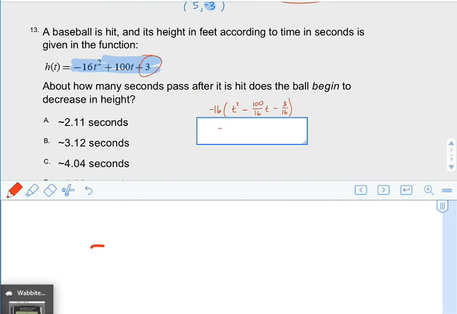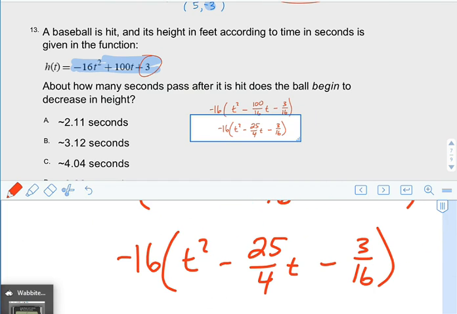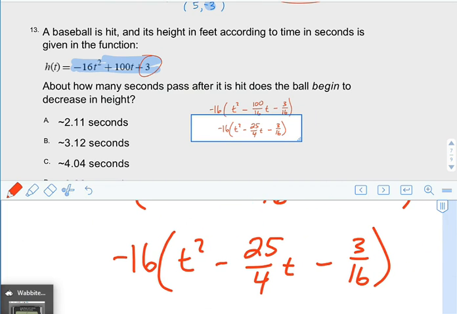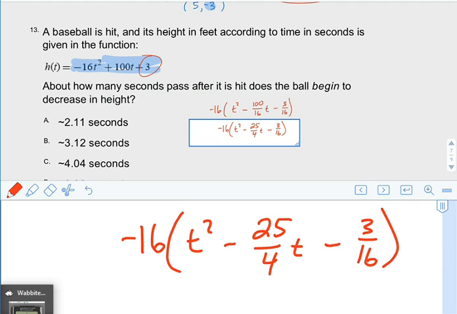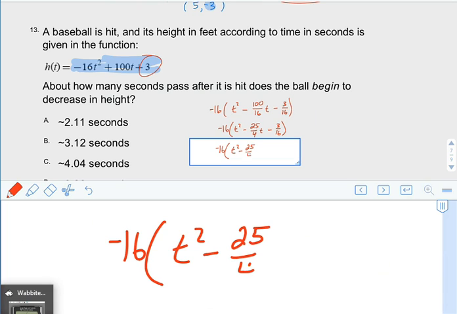Okay, so you have negative 16 times t squared minus 25/4 t minus 3/16. All right. So what's half of 25/4? Well, you multiply it by a half. It's easy. Here it is, negative 16 t squared minus 25/4 t.